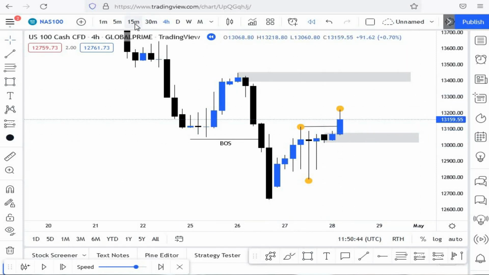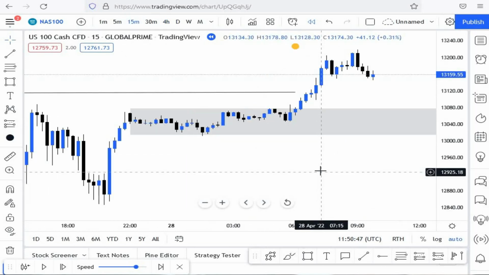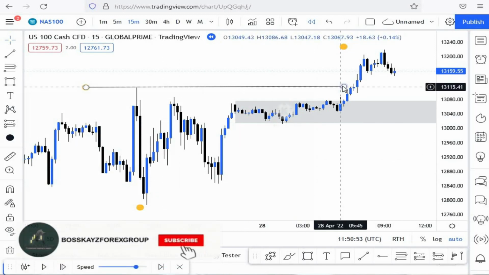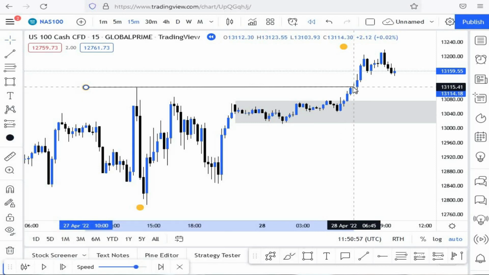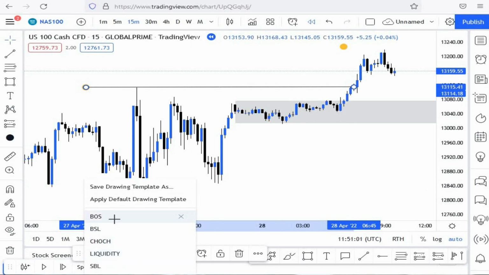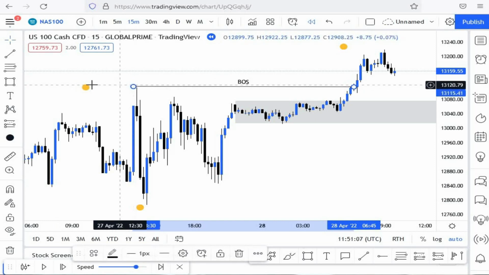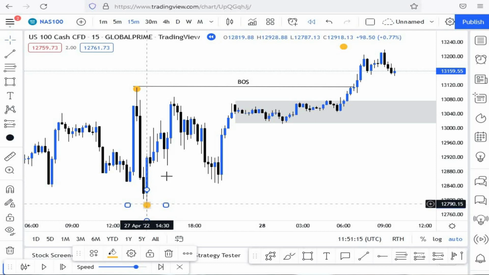So now let's go to the 15 minutes chart. So as we are now in our 15 minute chart, we can understand that this was our break of structure right here. Break of structure, right? As you can see, break of structure, and this is a swing high here, and this is a swing low right here, right?